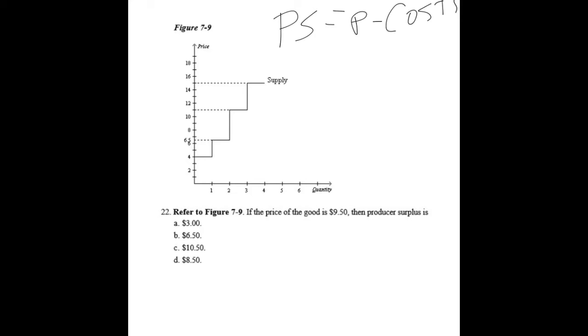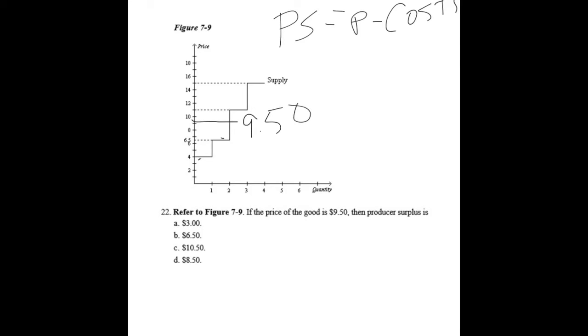The first item has a cost of $4, and the second item has a cost of $6.50. So the producer surplus for these 2 different items is going to sum up this difference. One way to do this is to go through the math, or another is the way I've seen a lot of students solve this correctly: they just drew a line across this and said, okay, here's a line for $9.50.